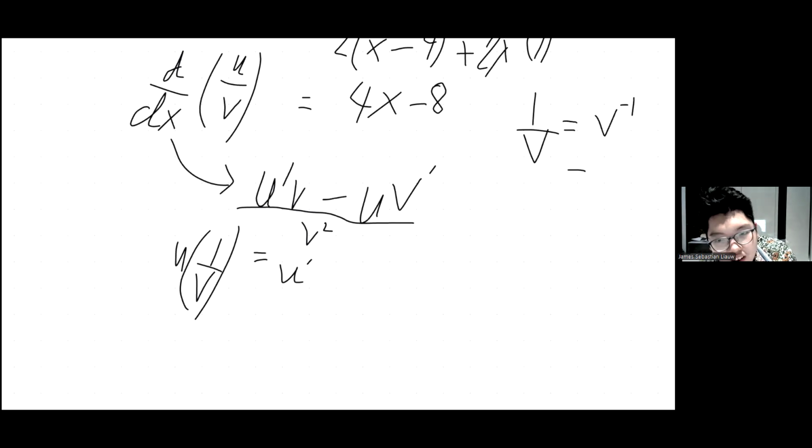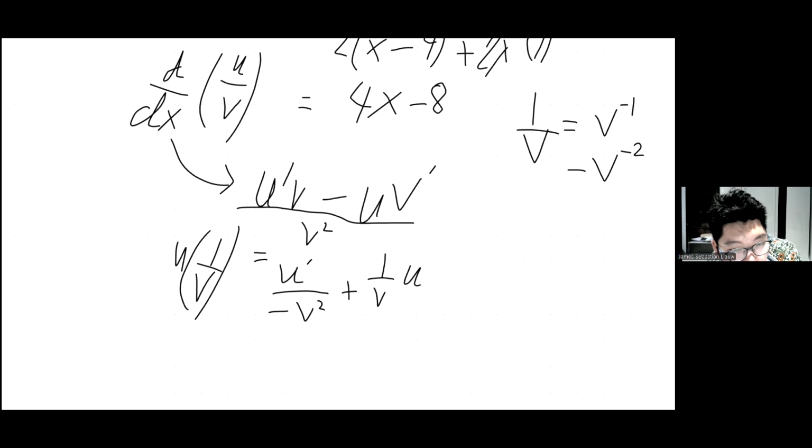The minus drops down, minus 1 minus 2, which means u prime over v minus v squared... plus, this is our v, times u. Right, this is our uv prime.